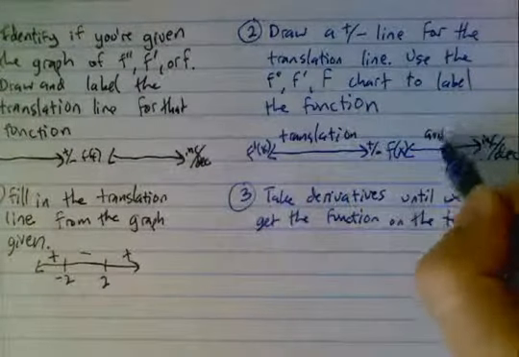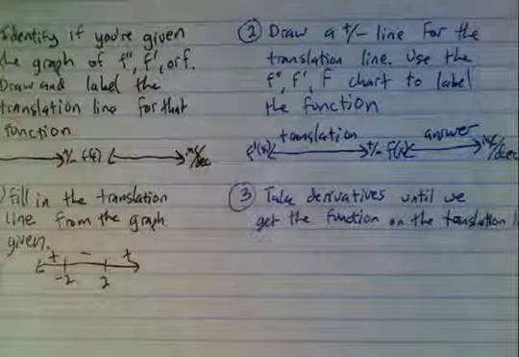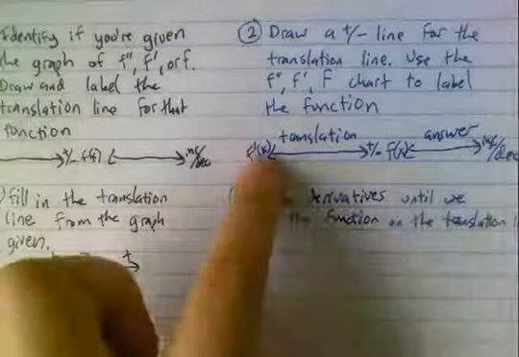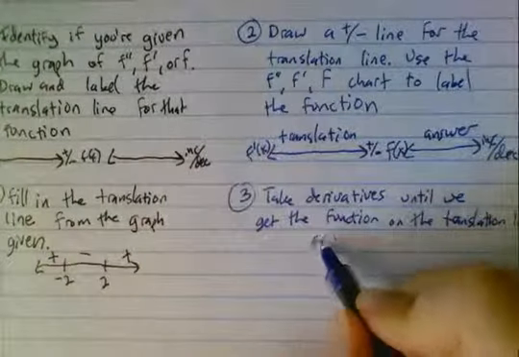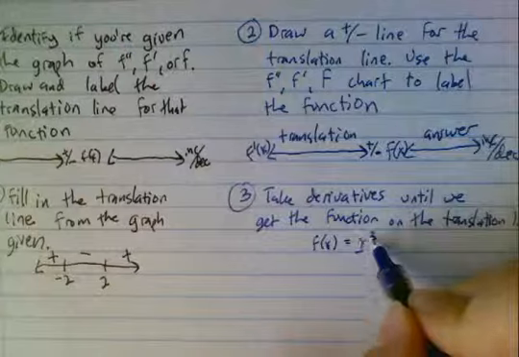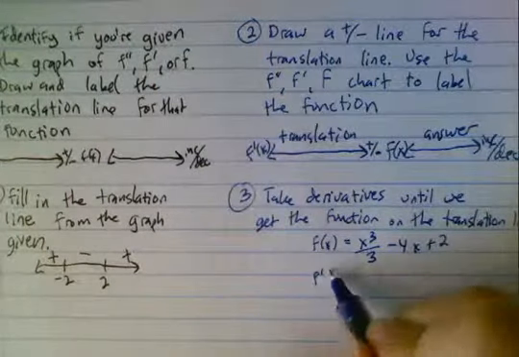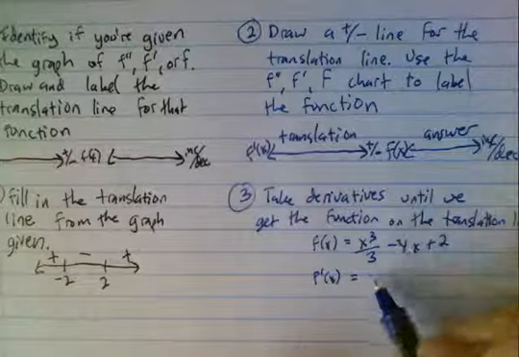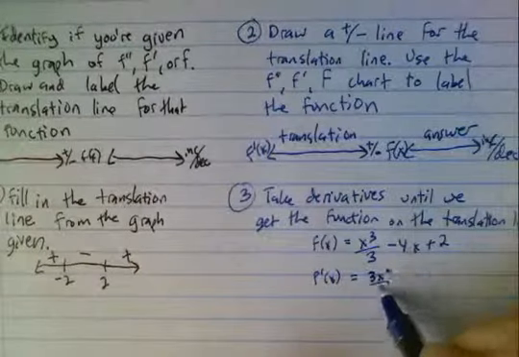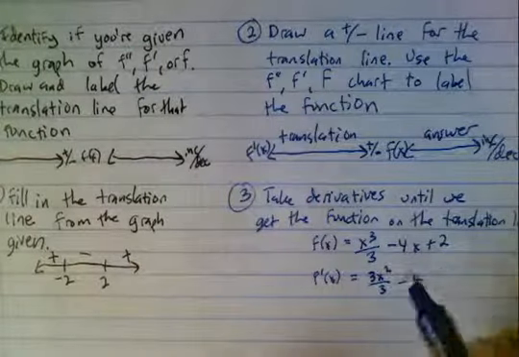This is the answer. So we are looking for f prime of x. We start with f of x. Take the derivative. So that's 3x squared over 3 minus 4.